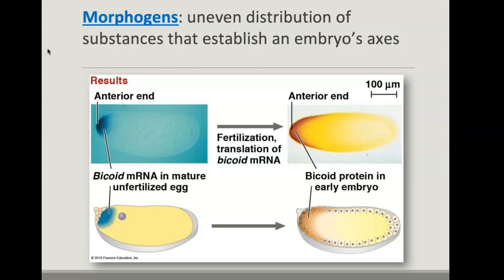So first, two words that you should be, actually 4 words you should be familiar with. Anterior is like the head part of the organism. Posterior is like the butt or end part. You should also know when we're looking at like a fruit fly, all along the top of it is going to be known as the dorsal top, and then like the belly underneath would be known as the ventral part.